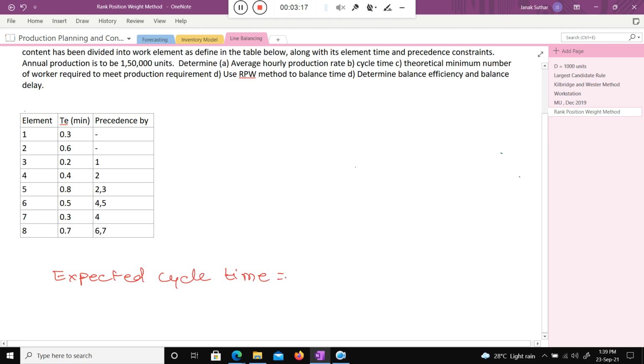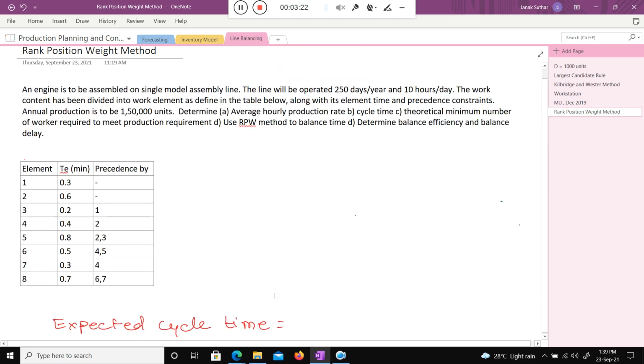So how can you calculate the cycle time, class? What is the process to calculate the cycle time? You know the annual demand, that is 1,50,000 units. You know how much time is available: in the entire year 250 days are working, and 10 hours per day is the actual working time. You know the time availability, you know the annual demand. So can you calculate the cycle time, and what is the process?